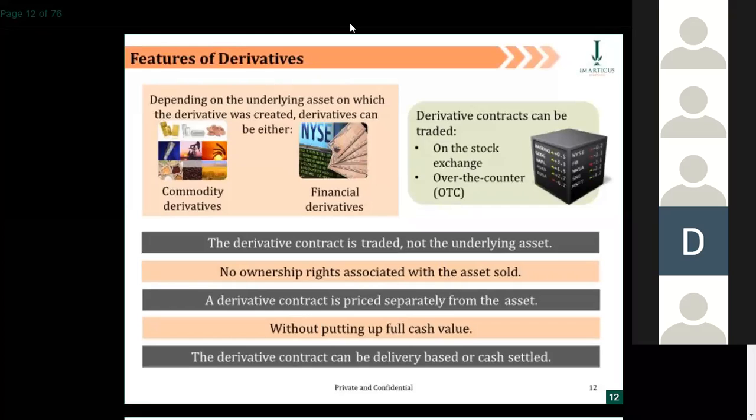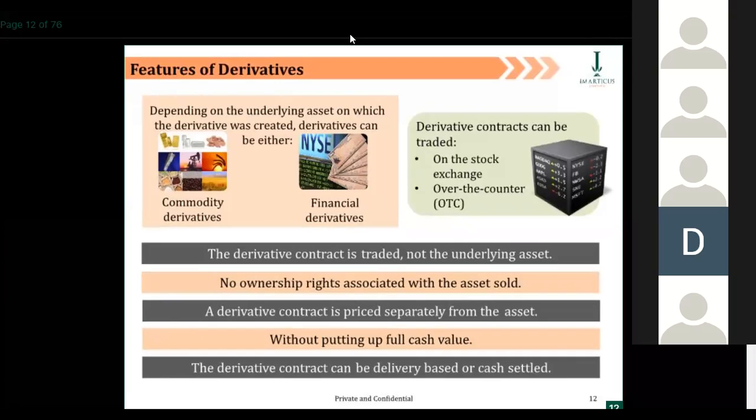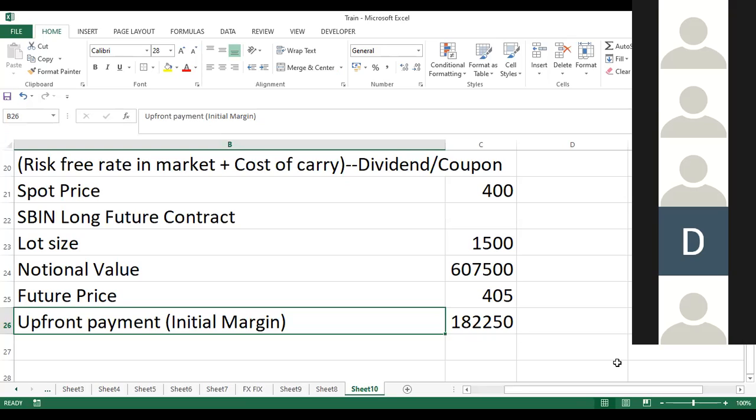When you take a position in a futures contract, you have an option: whether you take a long position or a short position, you can either settle your contract in cash, or you can take physical delivery of the underlying asset which you have agreed in the contract.